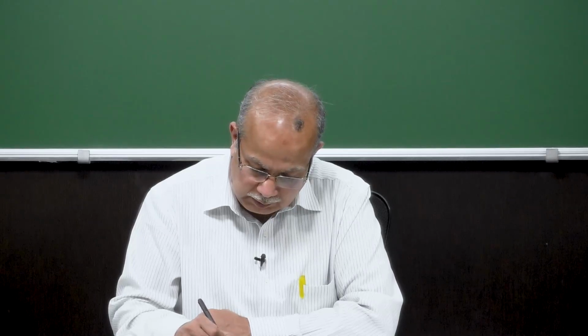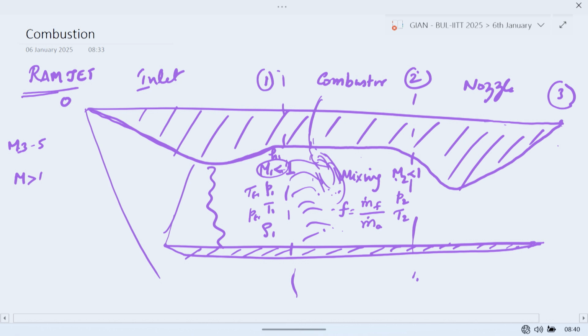The pressure, temperature, density, total temperature and total pressure will all change. Thereafter, the flow will accelerate and leave at M greater than 1. This is what is happening in a ramjet engine.